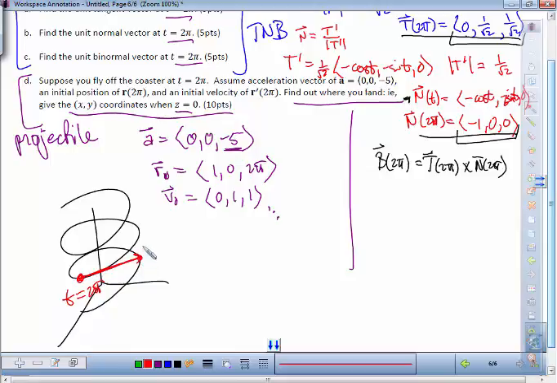This is your V naught. This is your R naught. And then as you go flying off this roller coaster, you're going to follow a path, and the gravity is going to pull you down, and then you'll eventually hit the ground somewhere.